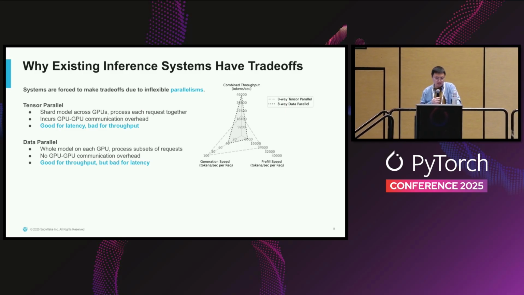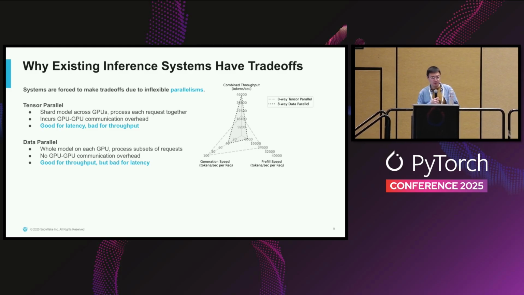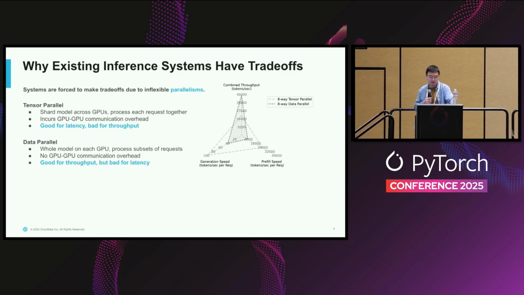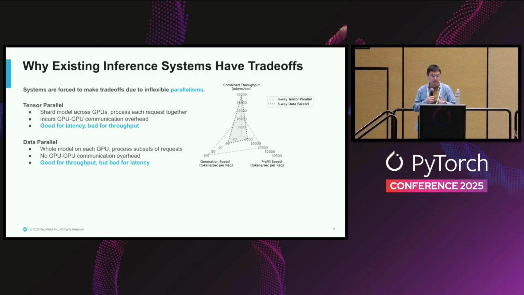And on the other hand, in data parallelism, we load the whole model on each and every GPU, and we send different subsets of our inference requests to different GPUs, and they are processed independently. This is a process that's going to incur no GPU-to-GPU communication, which means that it's going to be very good for your throughput.